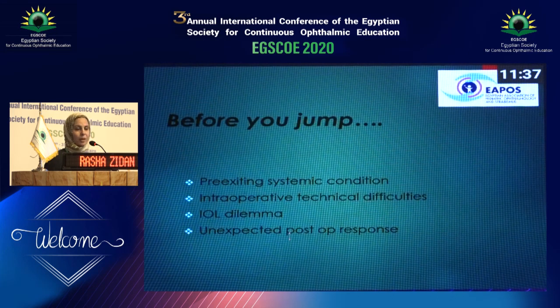So before we jump in and decide to perform surgery for these children, we need, first of all, to assess their pre-existing systemic condition. Be sure that you're going to have intraoperative technical difficulties. There will be a dilemma about the IOL, whether you implant or not. And even if all goes well, on the second day you may have some unexpected post-operative responses.